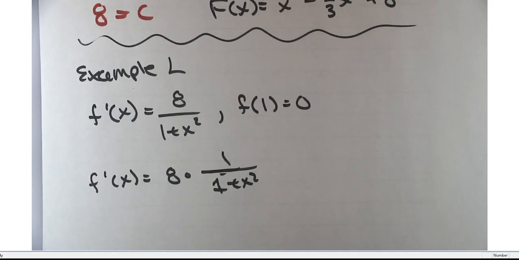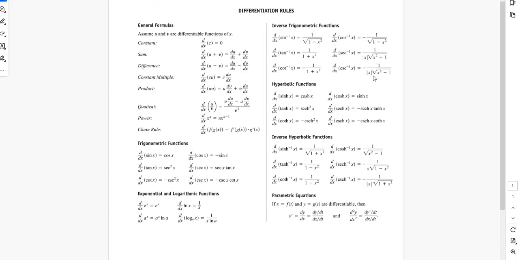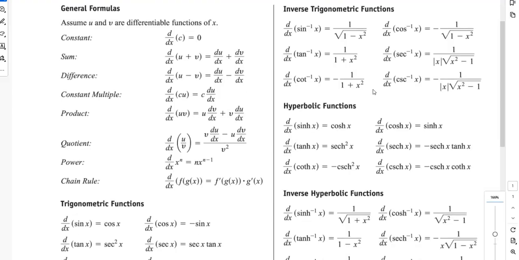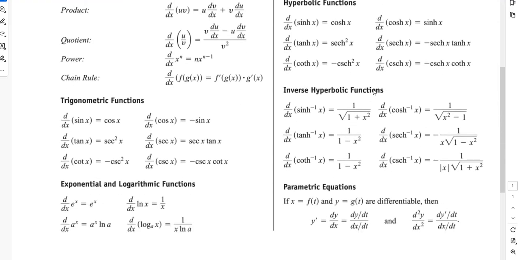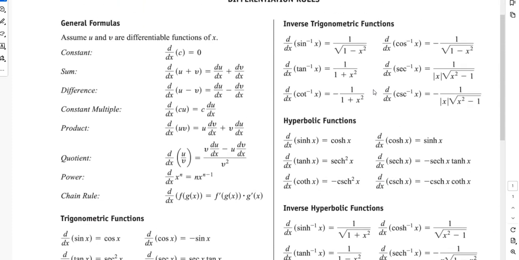Rules for differentiation. There's a lot of them. I've tried to be nice to you guys by not giving you too many of them, but you can see that there's a lot here. And this is not an exhaustive list. There's a lot more. But the one we're interested in right now is this one right here.